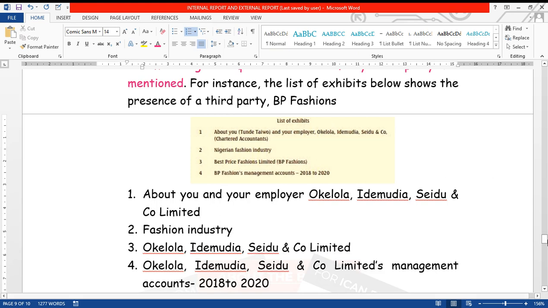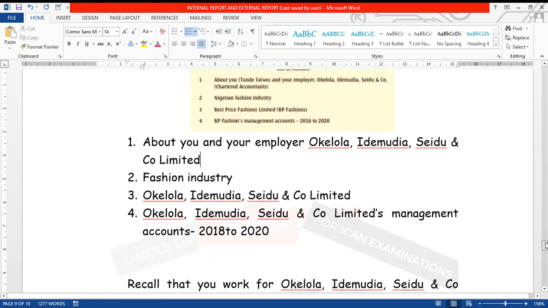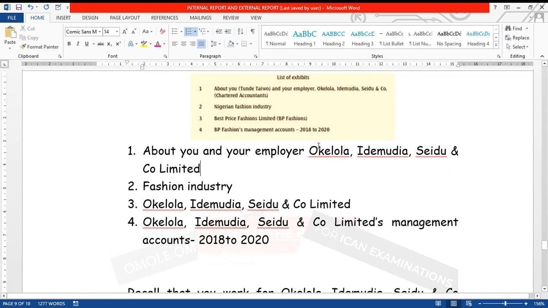So now let's imagine that we have these two examples about you and your employer. In example one, our employer is Okelola Idemudia Seidu and Co., but they gave us information about Best Price Fashions' management accounts. But in this example, our employer is Okelola, and they're giving us information about Okelola. So option A, which is this one, we're doing external.